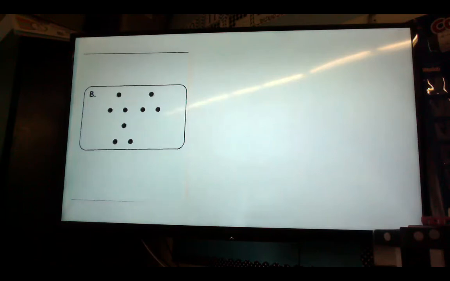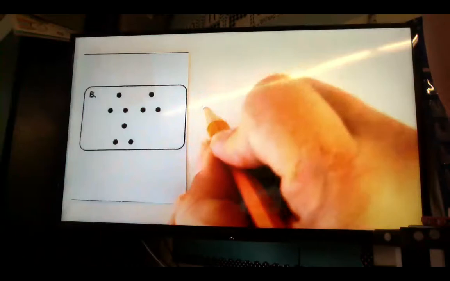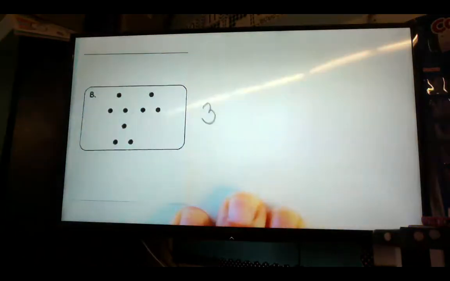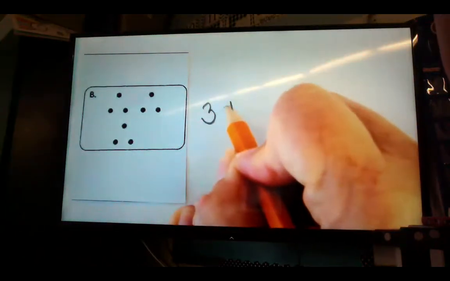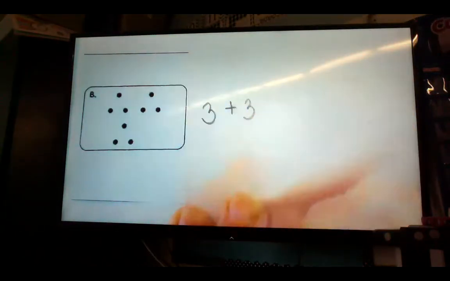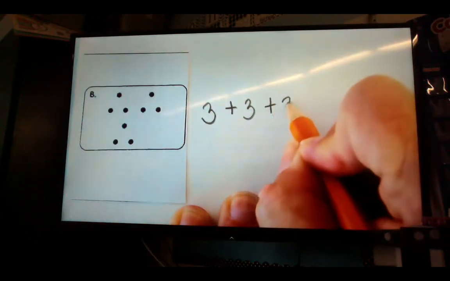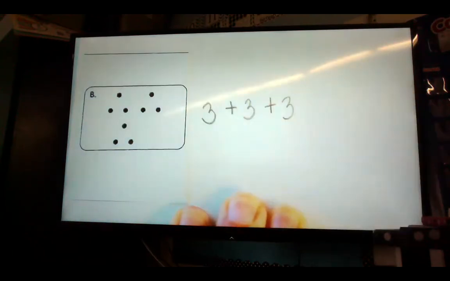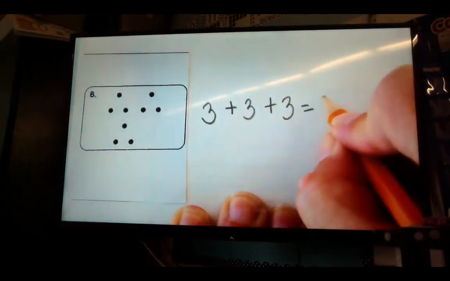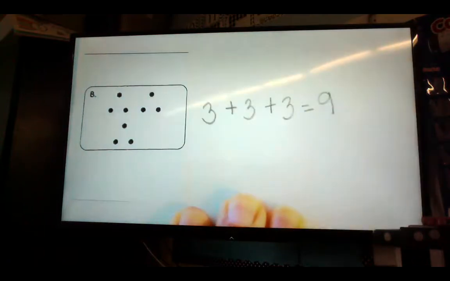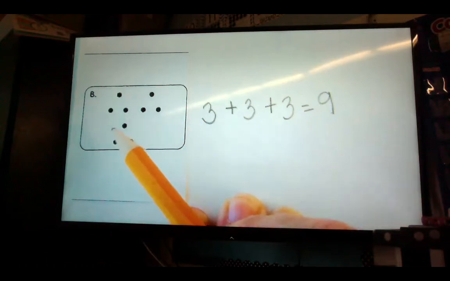Let's write an equation to match. 3 plus 3 plus 3 equals 9. Does my equation match my picture?